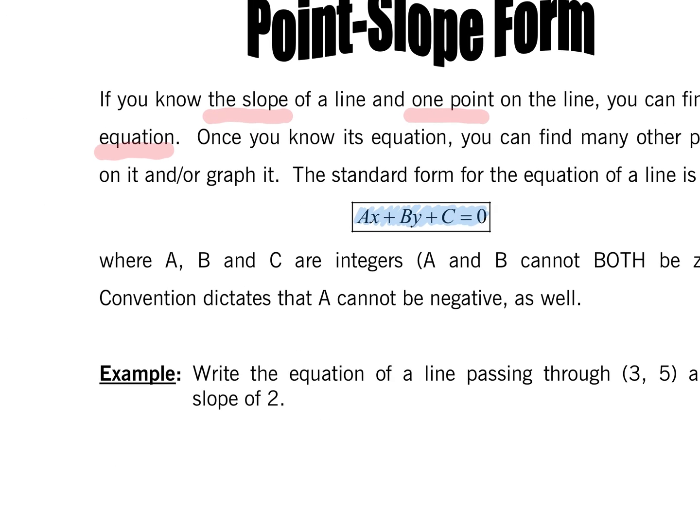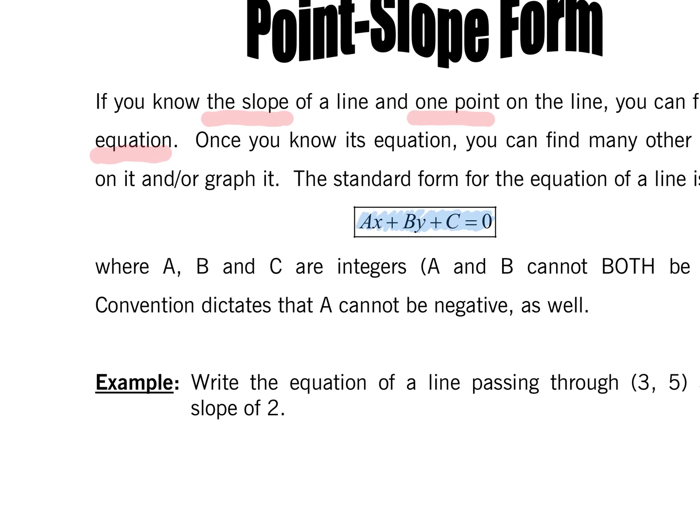And they are this, that A, B, and C are integers. So they can't be fractions, all right? But we're going to be using fractions. So then what we're going to have to do is stay on the lookout. We're going to have to make sure that if we encounter a fraction, we turn it into an integer.